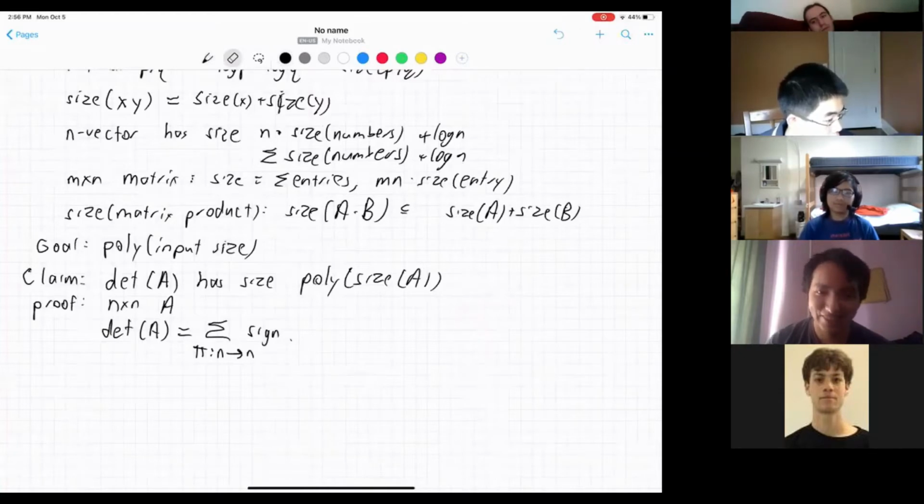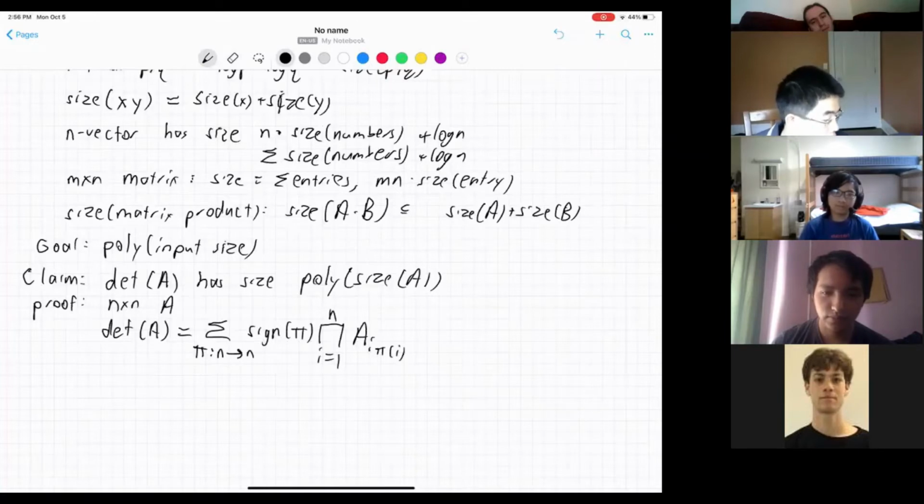Okay, so we take the sum over all permutations of the sign of that permutation times the product over all of the entries of a particular row and column, right? So have people seen this formula before?